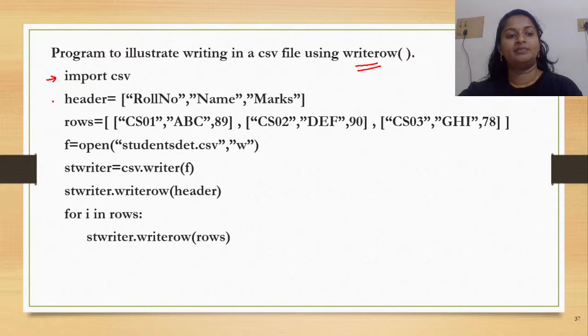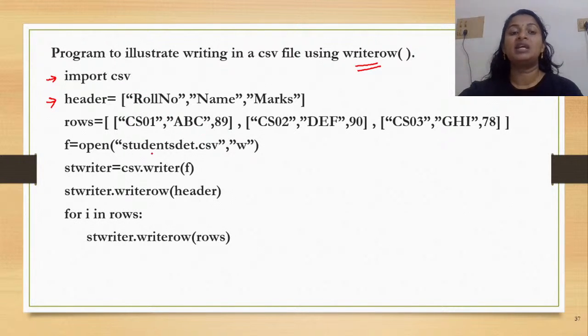Now, I have already defined what is going to be the contents and what we are going to write onto the file. Your first row would be your header row. So I'm going to create a student's detail file in the form of CSV.